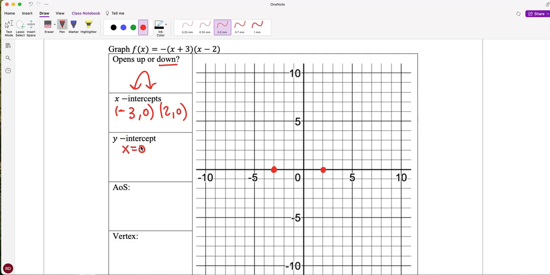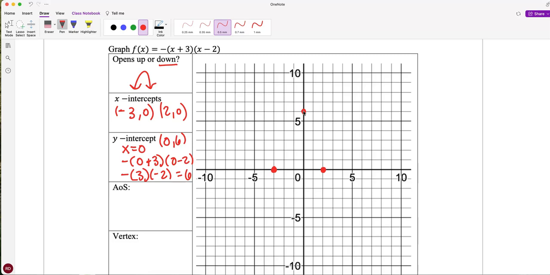So I'm going to get -0 plus 3, 0 minus 2. This is -3 times -2, which is 6. So 0, 6 is my y-intercept. Okay.